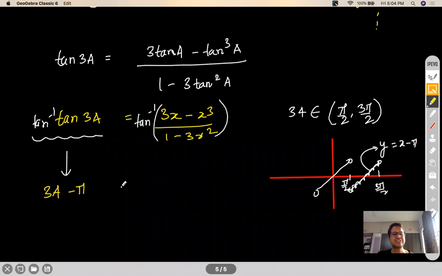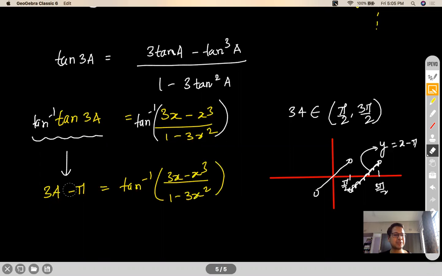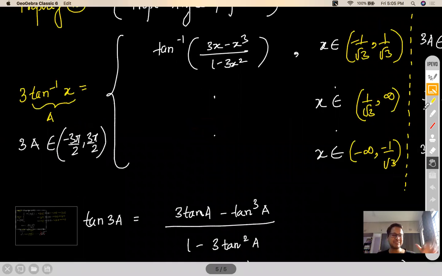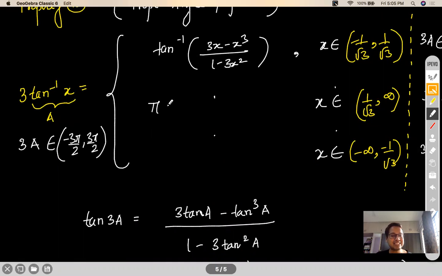Correct. So you are just going to send the pi to the other side and make 3a the subject of the formula, which I'm going to do in this step only. I don't want to write it again and again. Another thing is that some of you would have already noticed the pattern also, right? How does tan inverse pattern go? Pi plus, and what should be the next one?